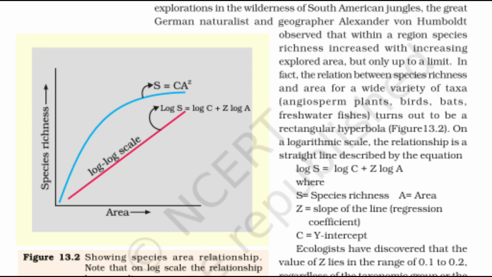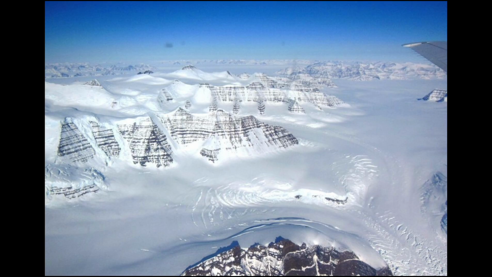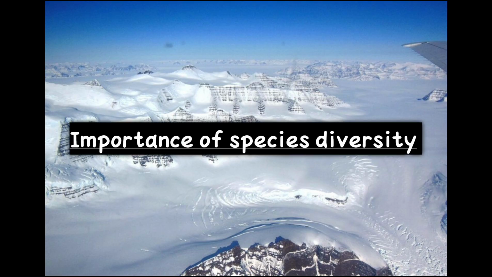In the species-area relationship, species richness increases with area. S = C A^Z, where Z for the smallest areas is 0.1 to 0.2, and for the largest tropical areas it is 0.6 to 1.2. The next topic is the importance of species diversity to the ecosystem.